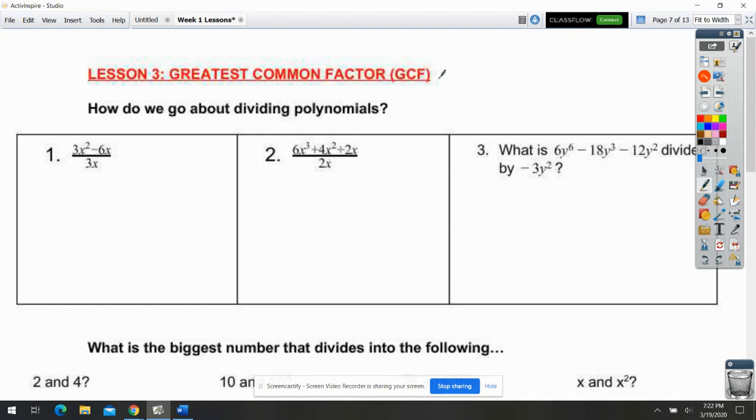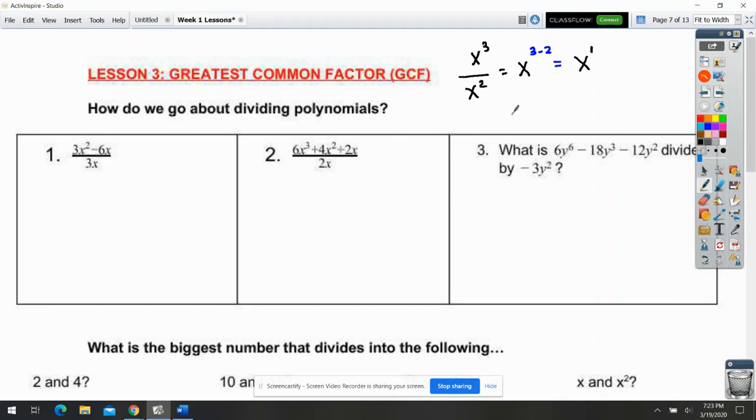We subtract the exponents. For example, if we have x to the third power and we're dividing it by x to the second power, you simply just subtract the exponents. So that would equal x to the 3 minus 2, which would be x to the first power or just x.